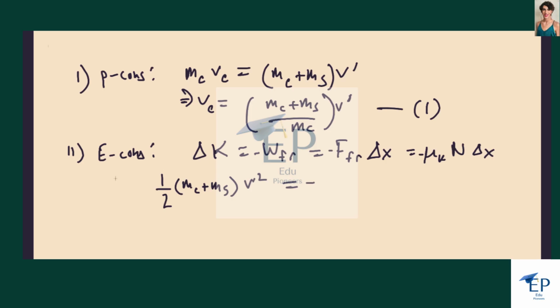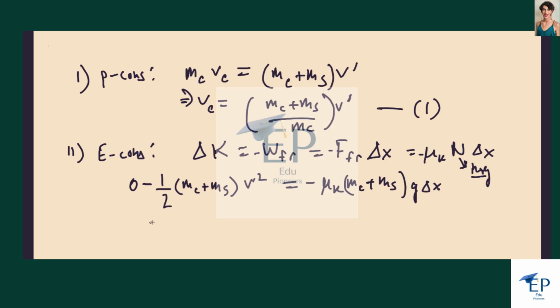I also forgot to mention that this is a change in kinetic energy, so it changes from this value in the initial stage to 0 in the final stage. So it'll be 0 minus this, which is equal to minus mu k times (m_c + m_s) g, where m is the combined masses, times delta x.